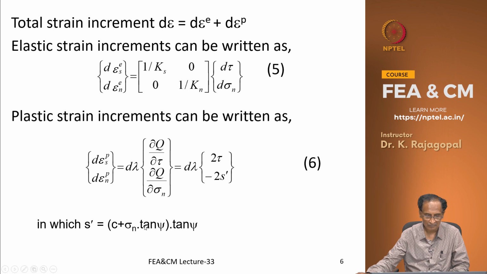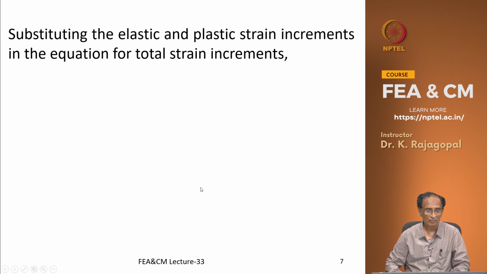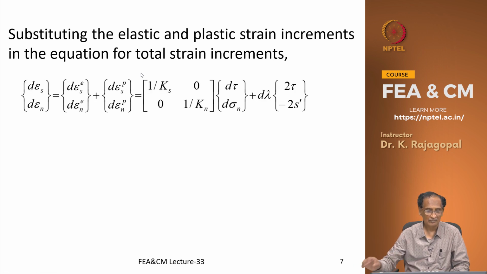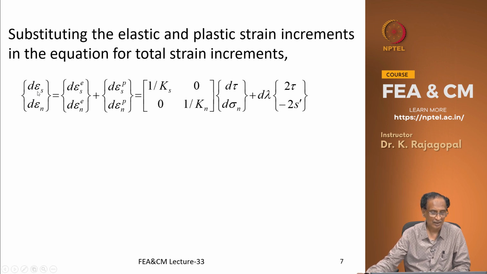So, by using this s prime as c plus sigma n tan psi, we can write like this. And so, substituting the elastic and the plastic strain increments in the equation for total strain, we can write the total strain d epsilon s and d epsilon n as the elastic, normal elastic, plus the plastic strain increments.